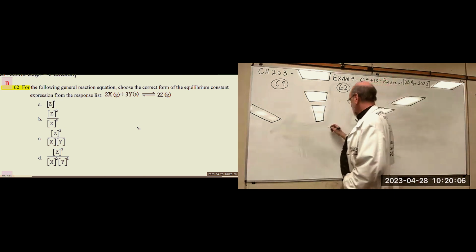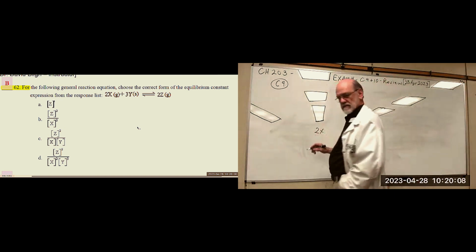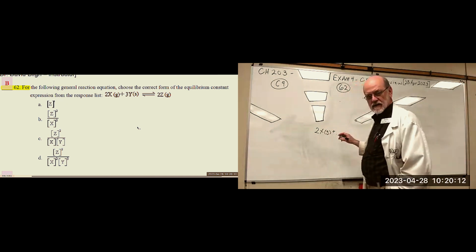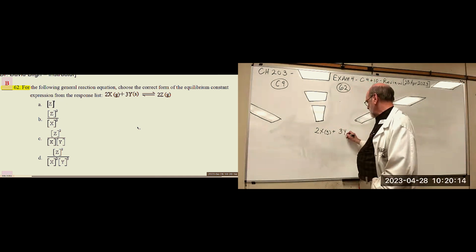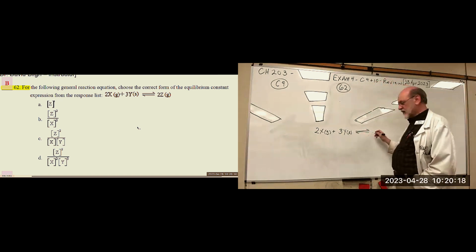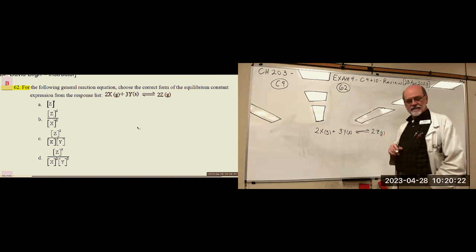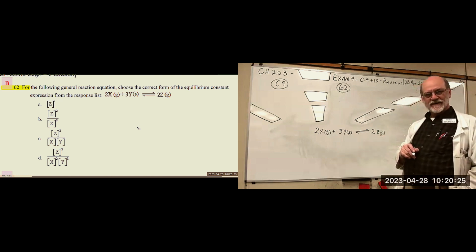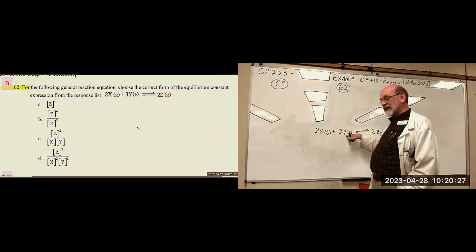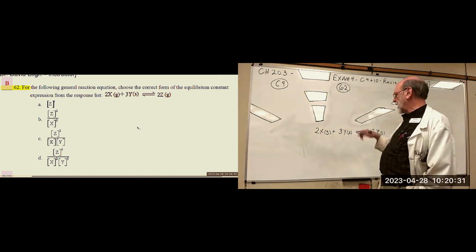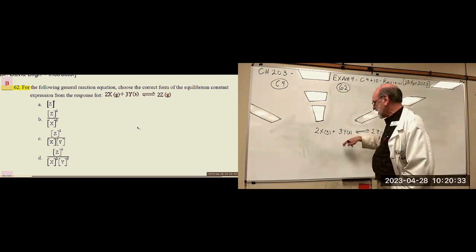Okay, so here we have 2 X's that are gas plus 3 Y's that are solid, and then it produces 2 Z's that are gas. Okay, so this one is going to be left out. This one's got to be left out.